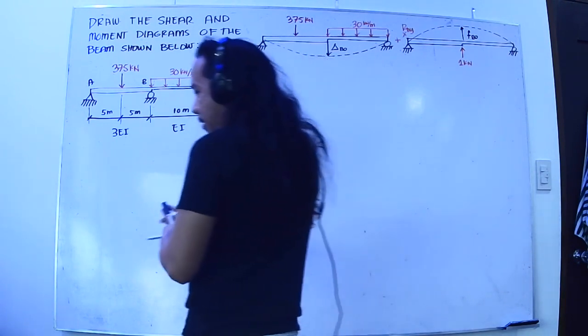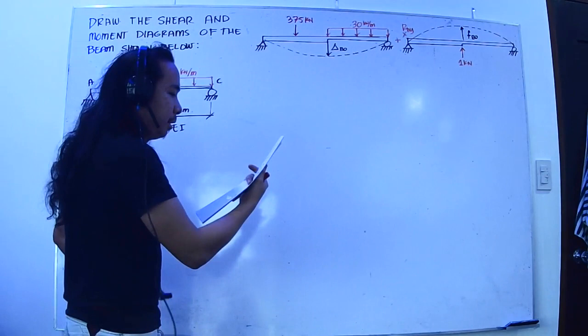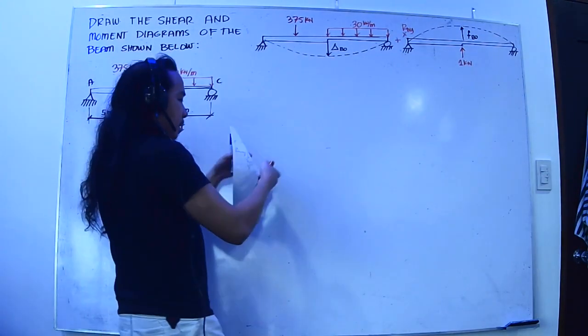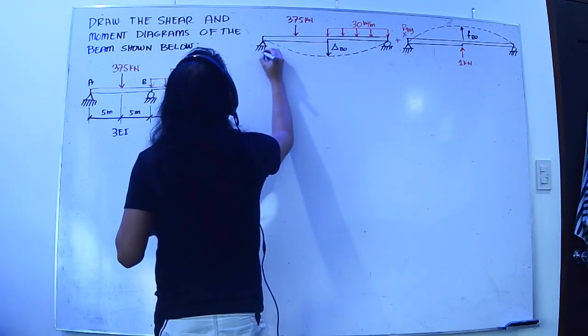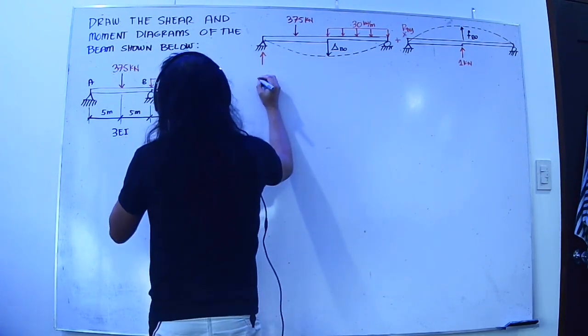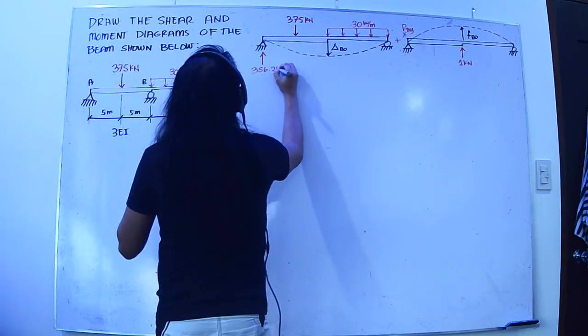Now, from statics, I worked out the reactions. I found that the reaction at this part of the beam is equal to 356.25 kilonewtons.